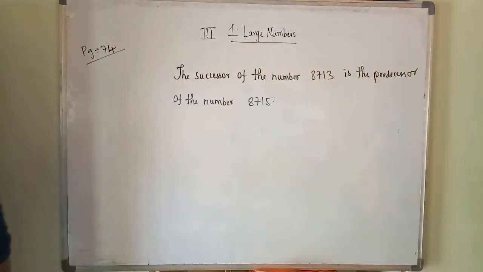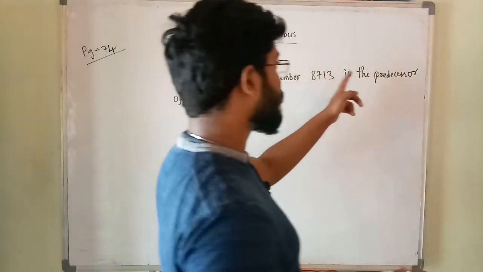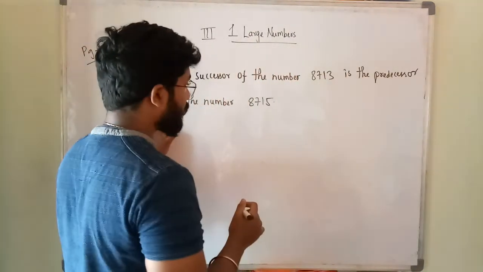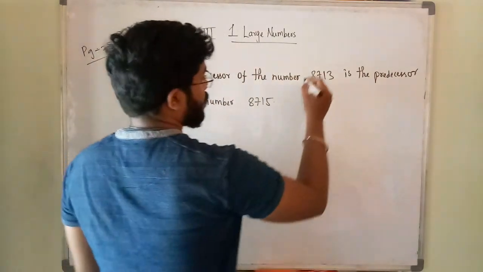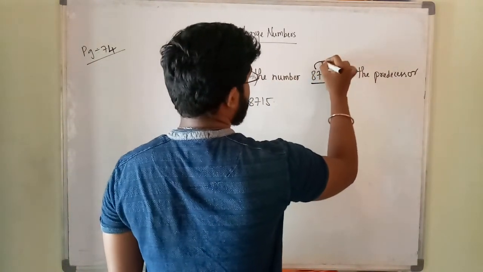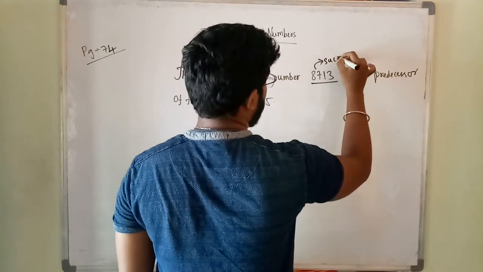Okay, so the successor of the number 8713 is the predecessor of number 8715.